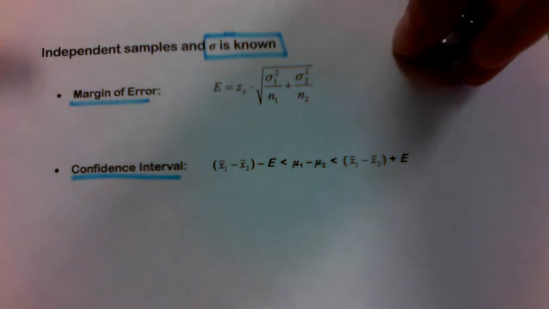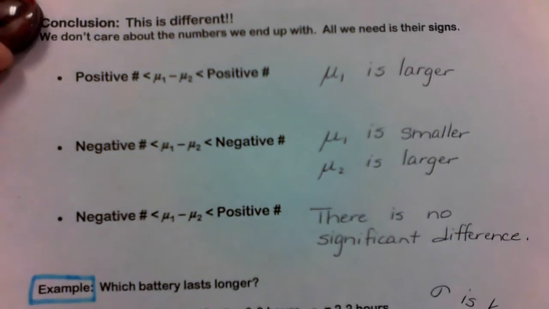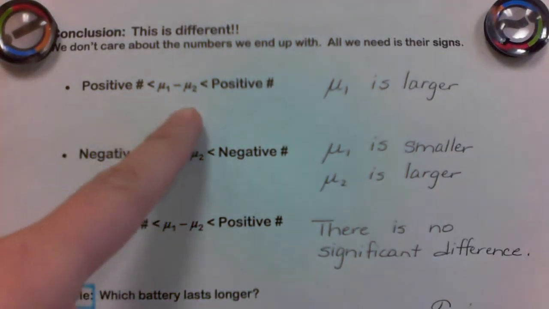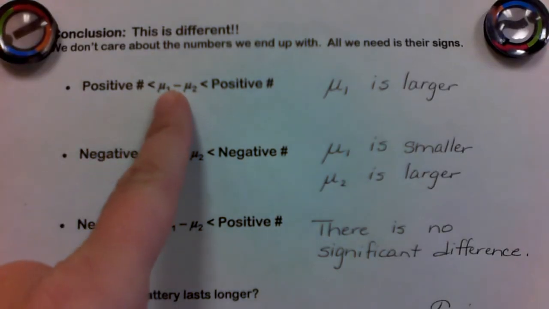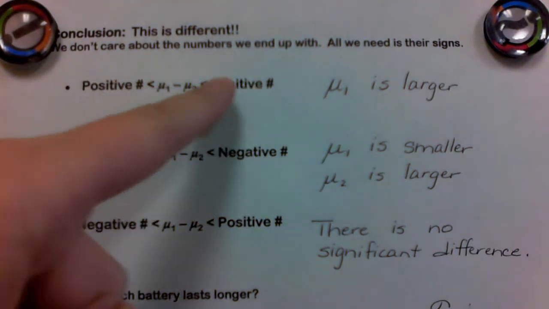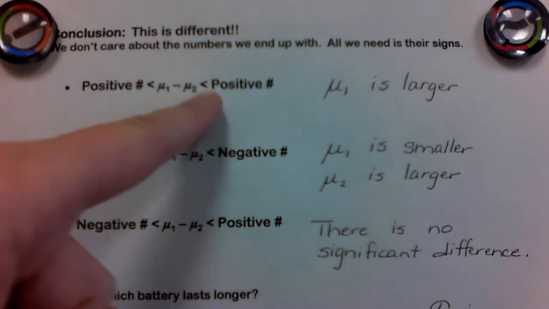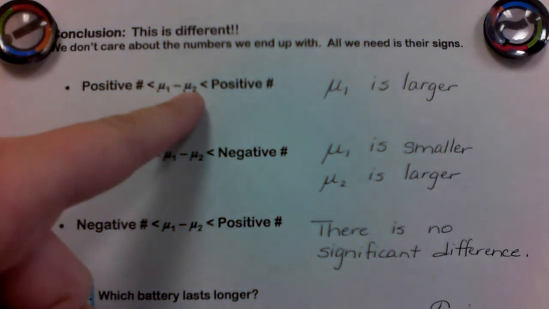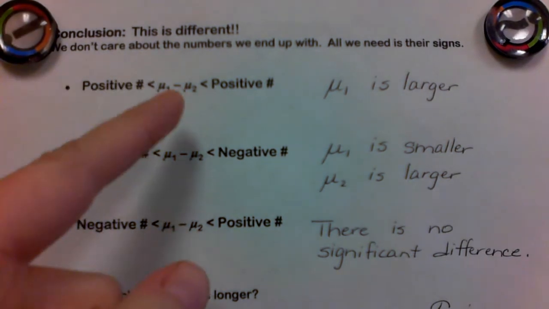Before we actually do an example, I want to talk about the importance of estimating the difference, because here's what is of importance. When you subtract two values and you only get a positive calculation, that tells us that mu1 has to be the bigger number, because a bigger number minus a smaller number always yields a positive number.